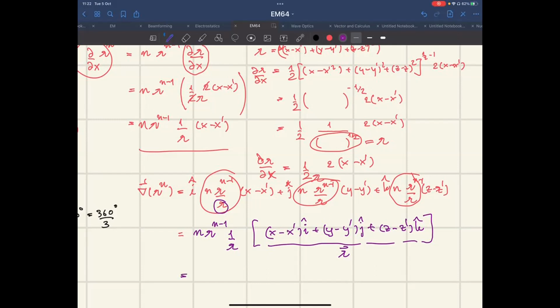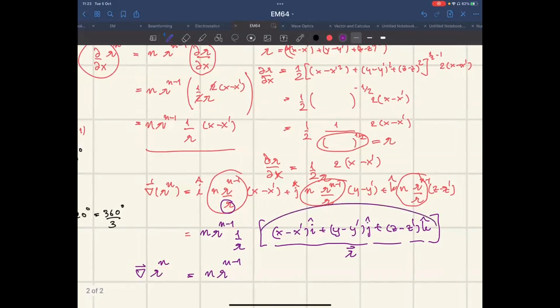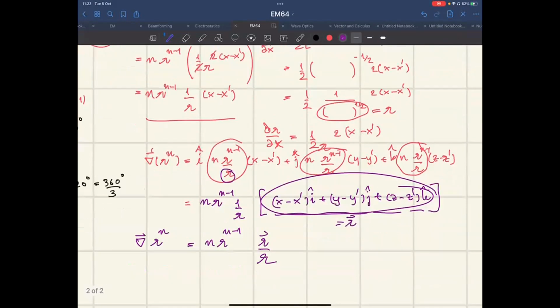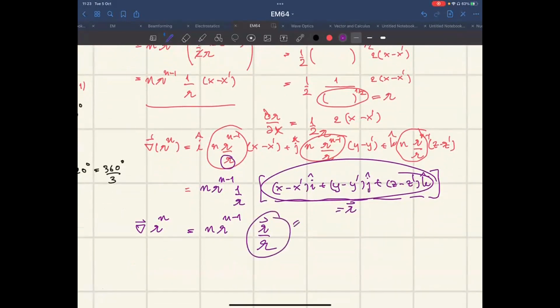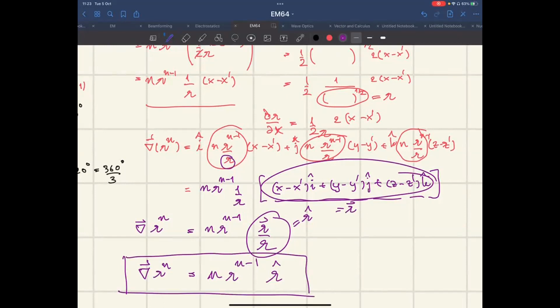Now this one here is equal to n to the n minus 1, and this thing here is equal to r here. Therefore, this thing here is equal to n to the n minus 1 with the unit vector r. This is the general form of this thing.